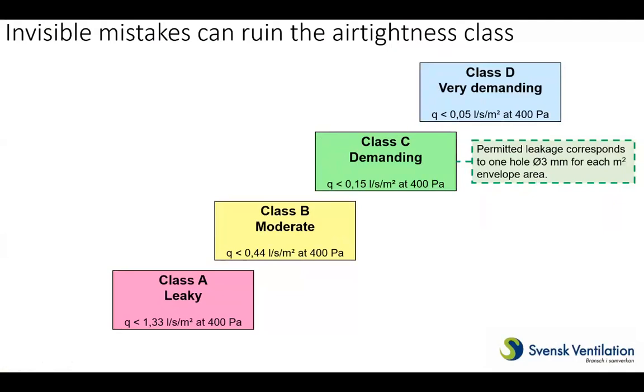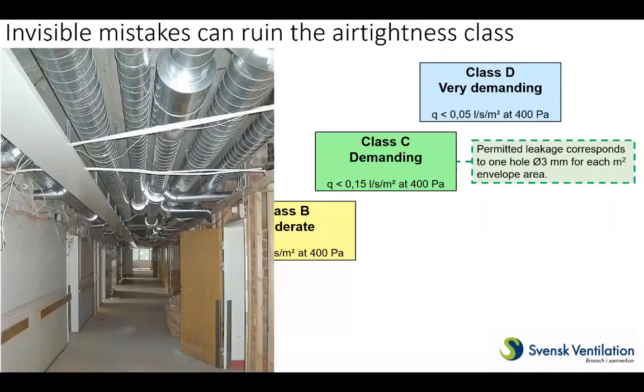And we'll see some examples from reality. This is a corridor in a hospital that was being refurbished. Everything looks fine, but there's a lot of ducts, and it's quite a complicated installation, as you can see.